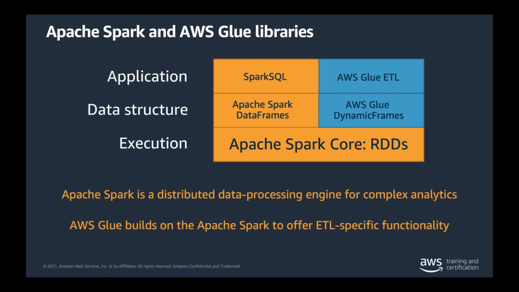Data frames can be constructed from a wide array of sources, like structured data files, tables in Hive, external databases, or even existing RDDs. And there's also the dataset, which is a distributed collection of data. A dataset is a new interface added in Spark 1.6. It provides the benefits of RDDs, strong typing, and the ability to use powerful lambda functions, with the benefits of Spark SQL's optimized execution engine. And lastly, we have dynamic frames, which are native to AWS Glue, and we will cover them soon.